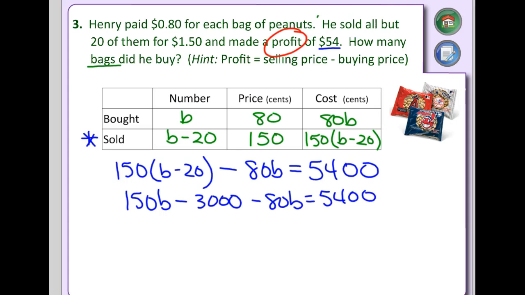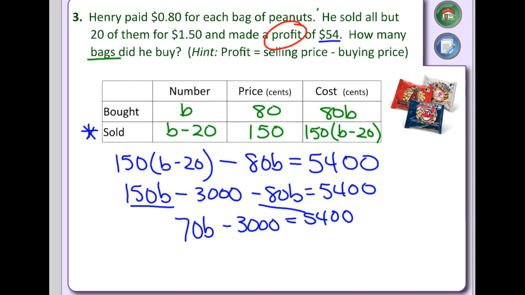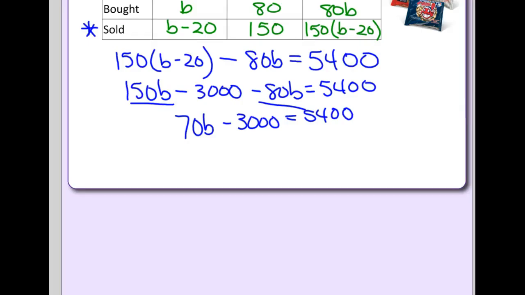We can combine like terms. 150B minus 80B is 70B minus 3,000 equals 5,400. Who's my floater this time? Need to move it down. Okay, my floater this time is 3,000, so we're going to add the opposite. So now I've got 70B equals 8,400.